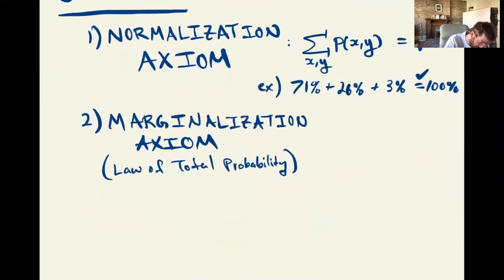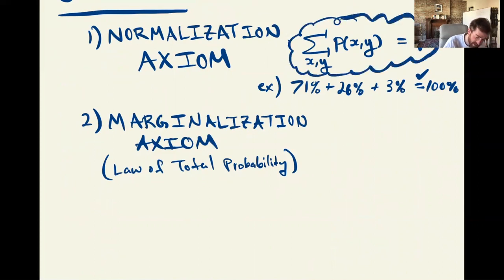So just to write this down right here, I've got that if I sum over all my possibilities, I have to equal 1, but I also have the property that if I sum over all possible values for y with fixed x, then I get the probability of x. So this is going to look something like this.